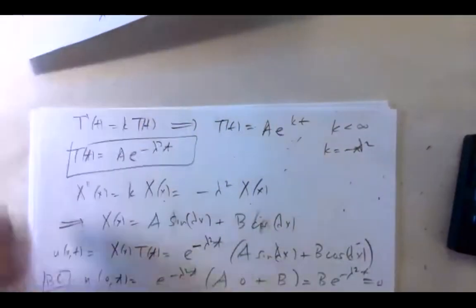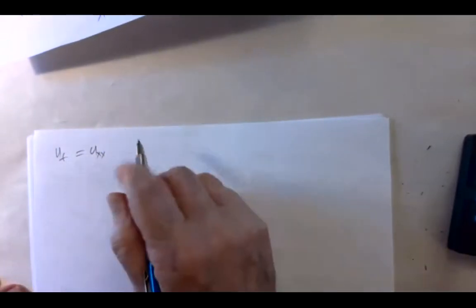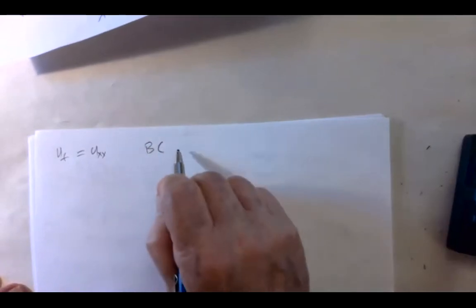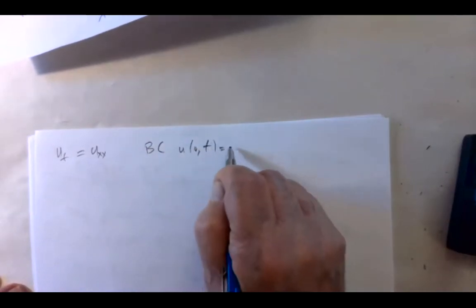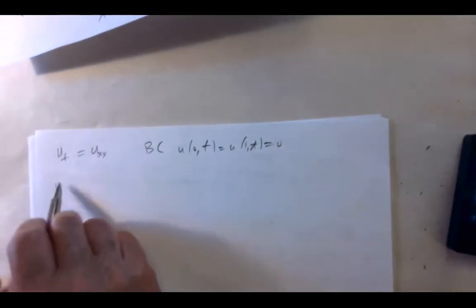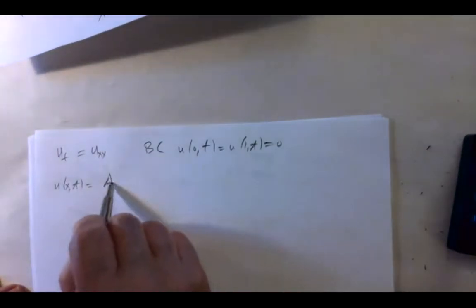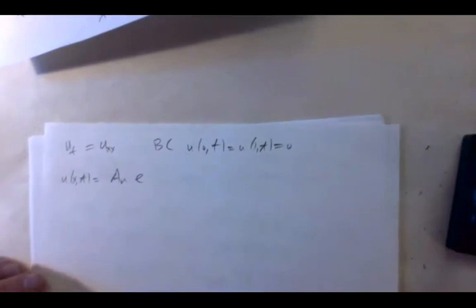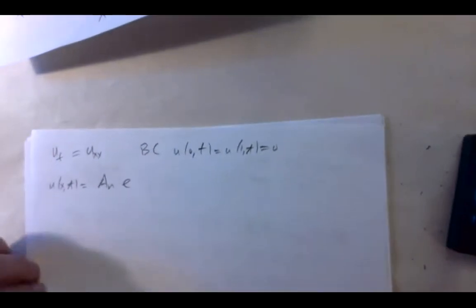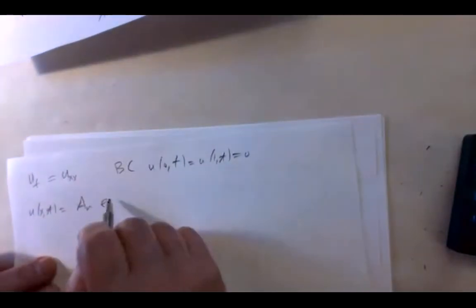So for u_t equal u_xx with the boundary conditions u of 0, t equal u of 1, t equals 0, we get the solution u of x, t is a function of the form, I'll write it as a sub n e to the minus lambda squared t.